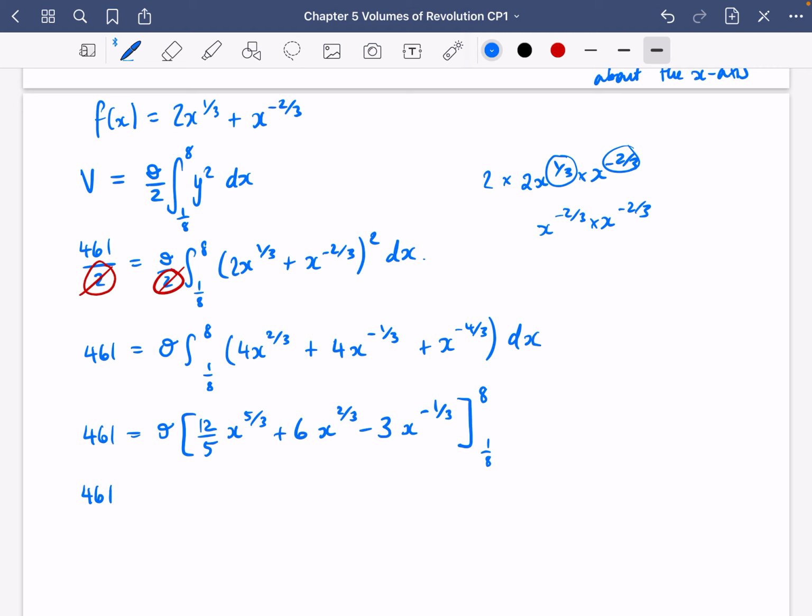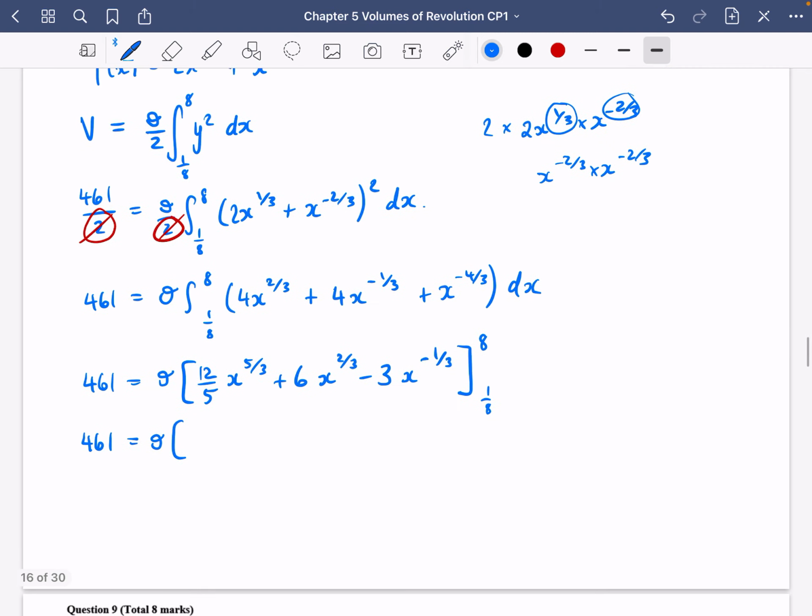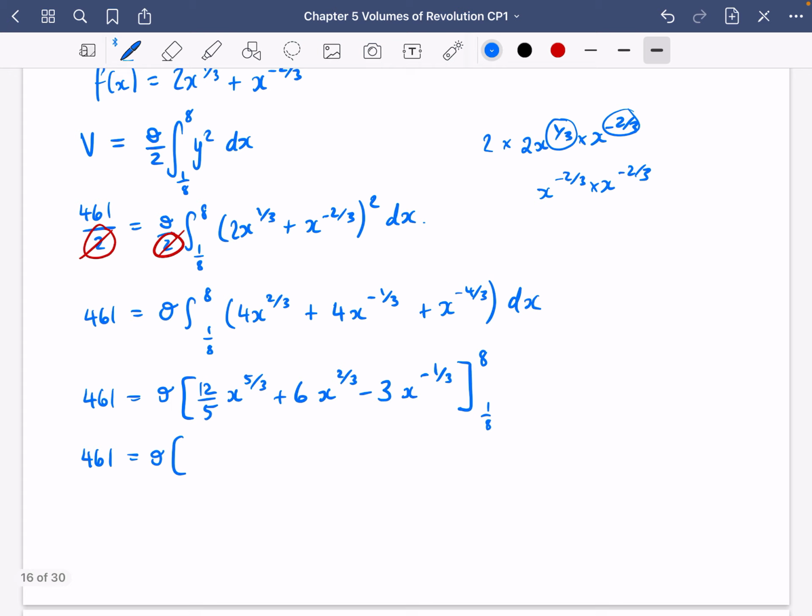So 461 equals theta. Well, we're going to have here 12 over 5 x to the 5 over 3. I could type this all in the calculator, but I think it might be worth thinking to yourself that x to the 3rd is the cube root of 8, which is 2. And so x to the 5/3 is just going to be 2 to the 5, and 2 to the power of 5 is 32.